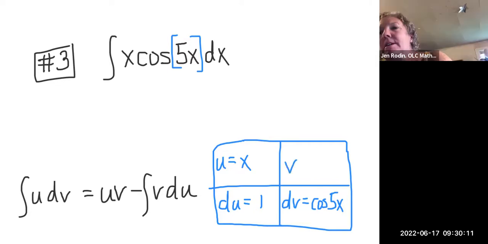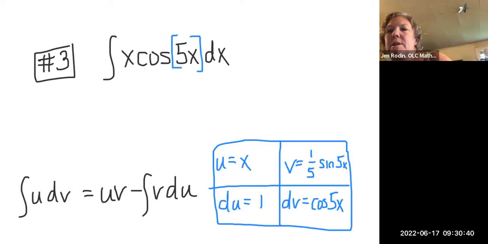And then v right here is, if you ever get mixed up, the antiderivative of cosine 5x, which means the integral of cosine 5x, which would be sine 5x times a fifth to balance out that chain rule. Well, hold on, I'll just write it this way. See what I mean? We're thinking back and forth.